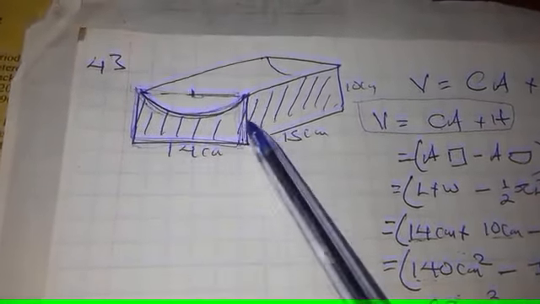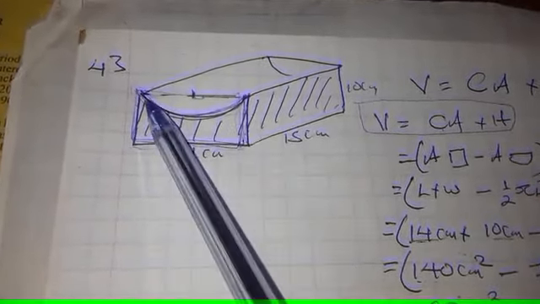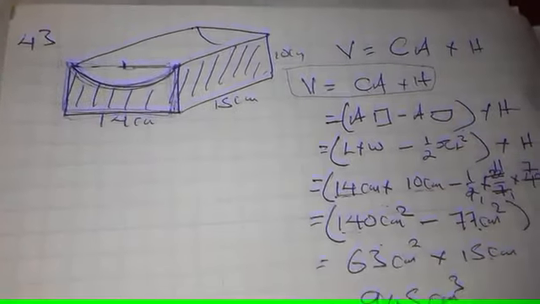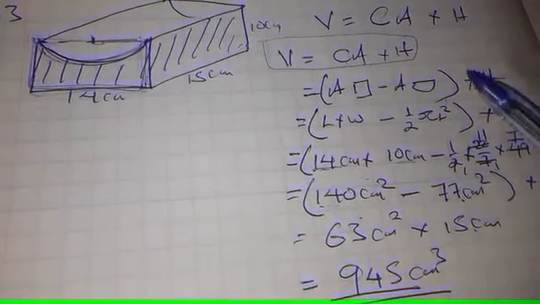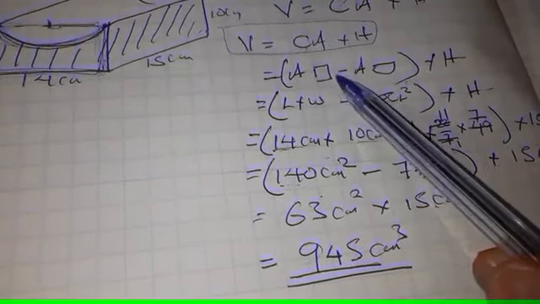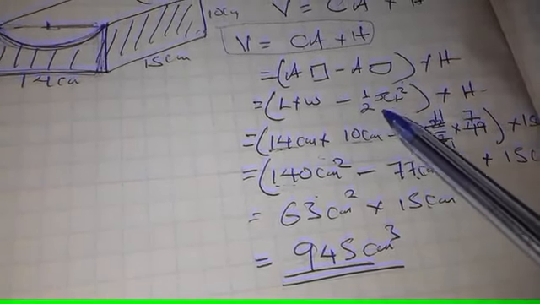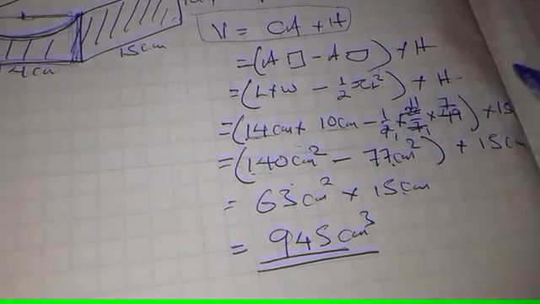And the cross-sectional area of this solid, as I've said, is this part over here, where we have the rectangle in which a semicircle has been cut. So that's what we've written here: area of a rectangle, which is length times width, minus area of half a circle, which is a half pi r squared, multiplied by the height.